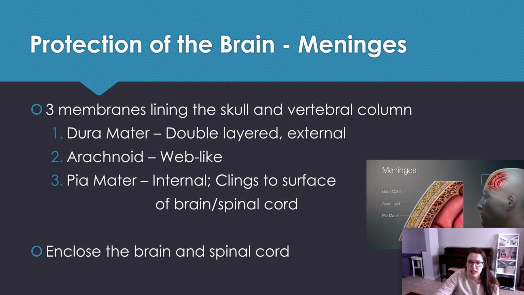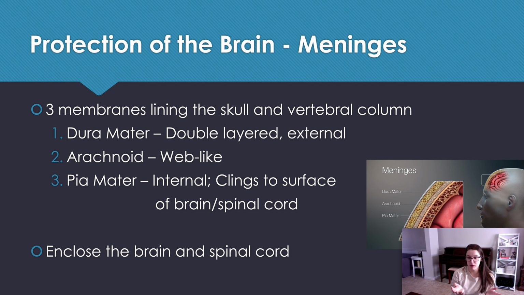Now, I know I didn't include this in your notes, but I do think it's worth mentioning. If you look at this arachnoid layer, hopefully you can see my mouse. We're looking at this tan layer, and we have all these tan web-like structures. But what's not mentioned is the space in between all of those features.